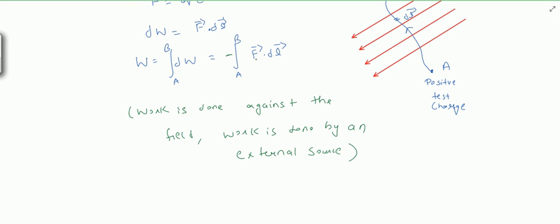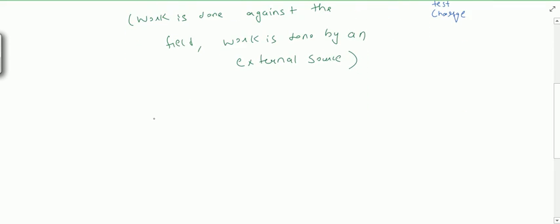So now I will write the F value, that is Q times E. So work done will be integration from A to B of minus Q E dot dl.